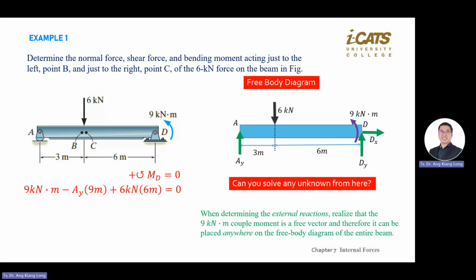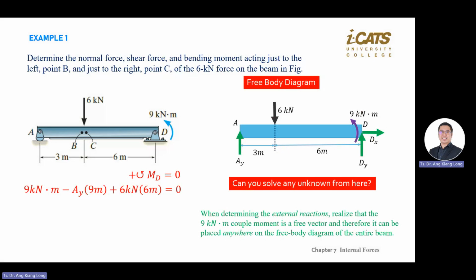Because it's anti-clockwise. We already said anti-clockwise is positive. Always fix to that direction. Don't suddenly change direction halfway. Always fix to one direction from the start until the end. So here, AY is negative, multiply 9. Negative, because if you put your hand here and swing, A is going this way, so it's clockwise.